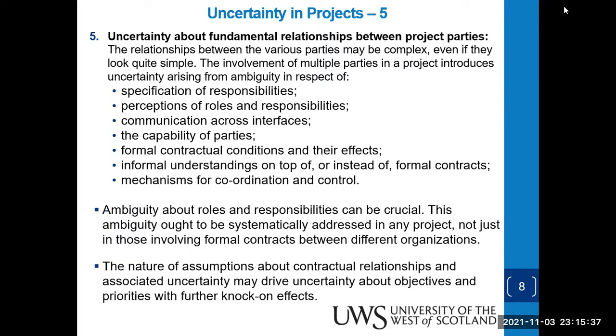We must also set out clearly the communication lines, the parties, and specify their roles, and you should always enshrine this in the form of contractual obligations, clear-cut contract terms and conditions, so that everyone will be able to understand what I'm doing, whom I'm reporting to, who reports to me, and what kind of mechanism I need to use in coordinating and controlling the communication lines, okay? So ambiguity about roles and responsibilities can be crucial. It can crash the project that we are doing, so it must be systematically addressed in any project.